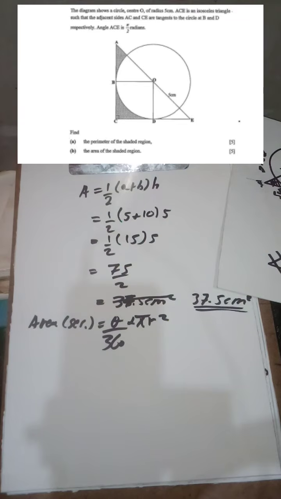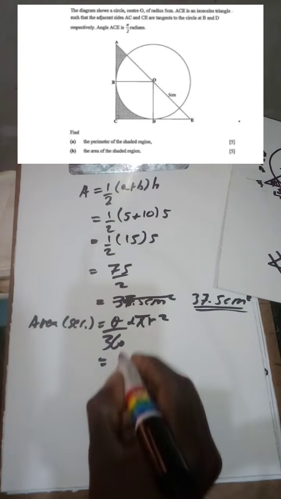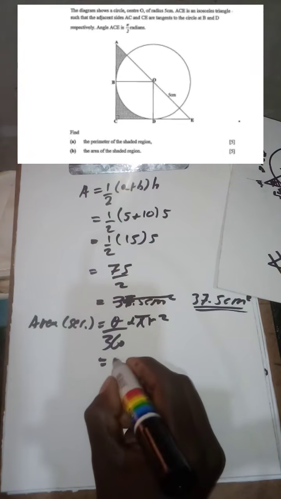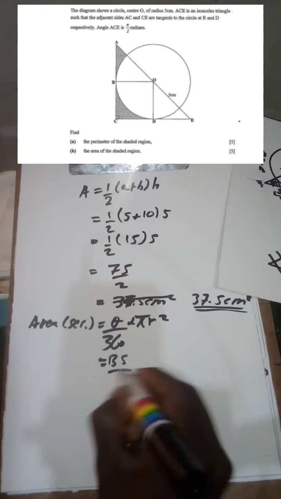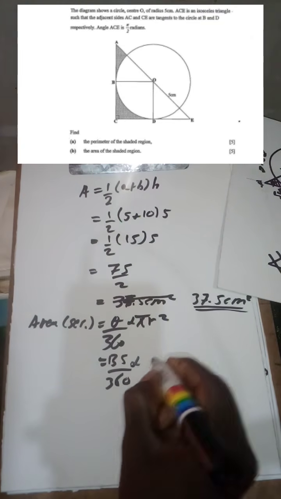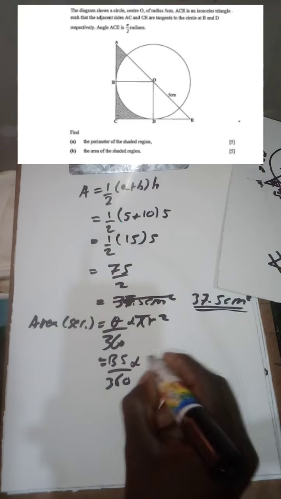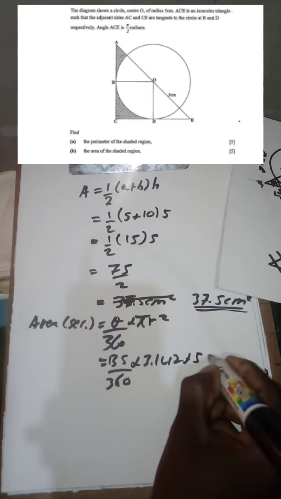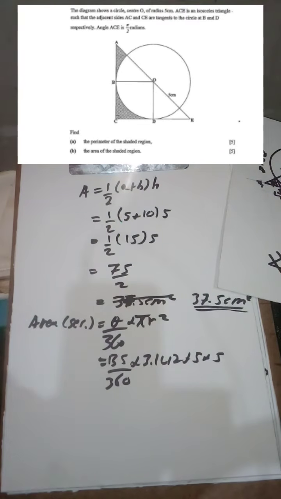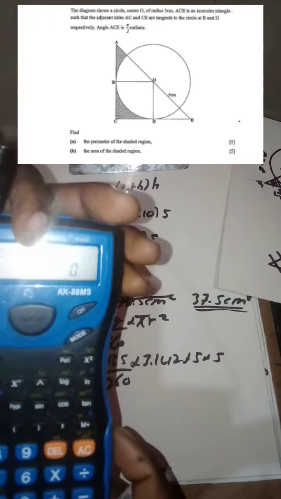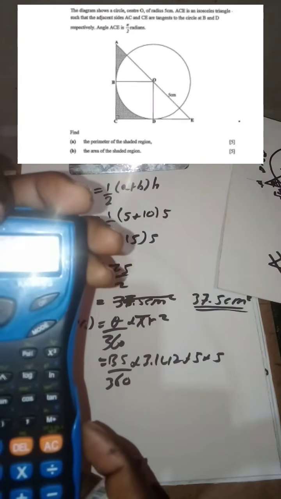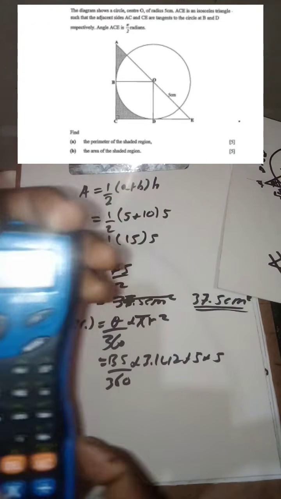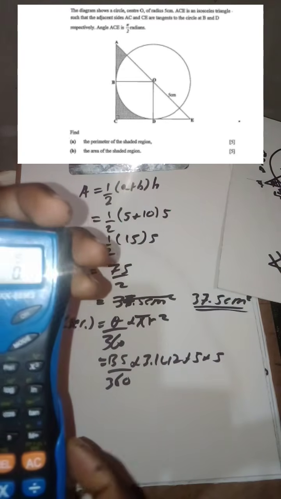So here the theta that we have is 135, so 135 divided by 360, by 3.142, by 5, by 5.